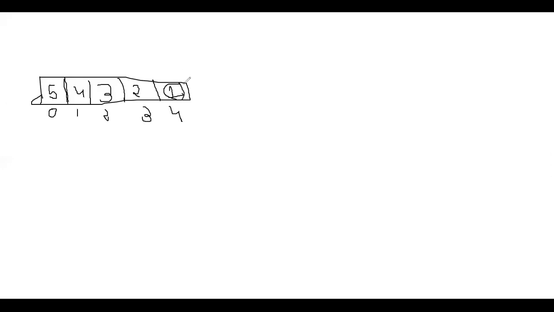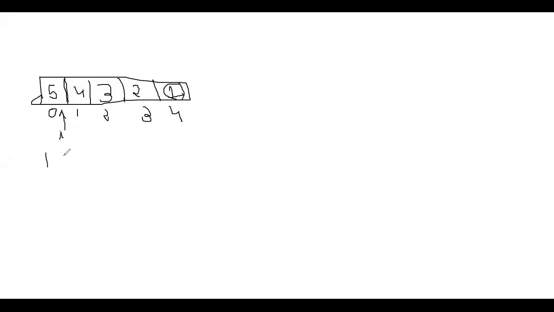So I'll traverse the array, find the minimum element, and put it at the 0th index. Let's say I have a marker here, let's call it I. I'll search from I till n, find the minimum element, and put that element at the ith position.